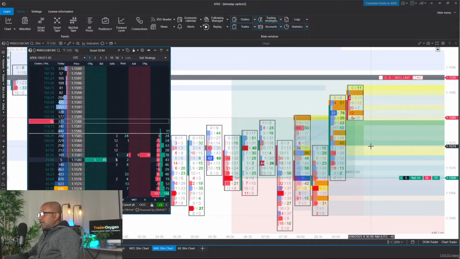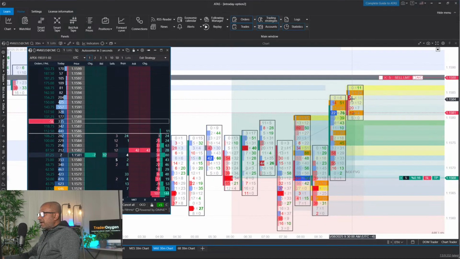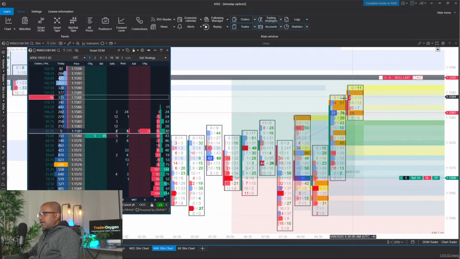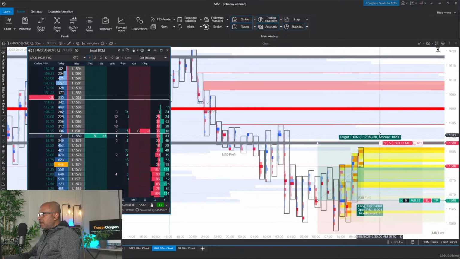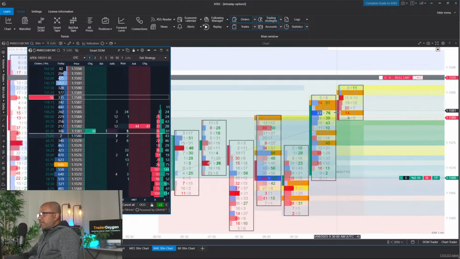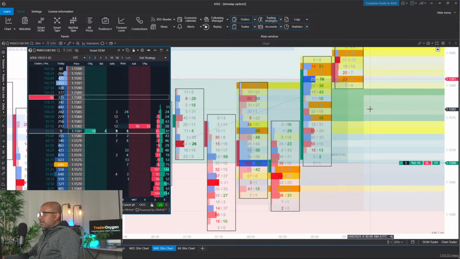You can see at this moment some aggressive selling has happened. And now aggressive selling has started, so the price is pushing down. If you look at the smart DOM, and even here in the footprint, you can see more aggressive sellers in these numbers.